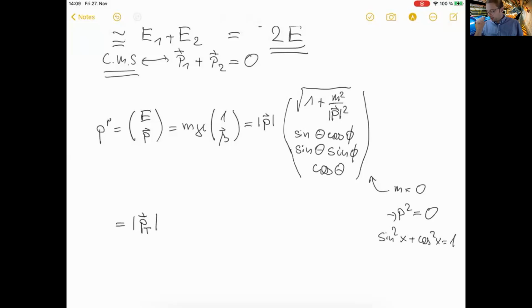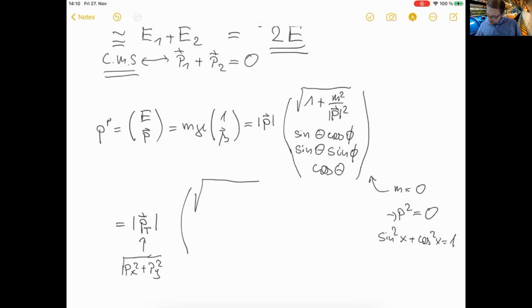Let's now pull out the magnitude of the transverse momentum, okay? The magnitude of the transverse momentum is square root of px squared plus py squared. And let me use the following parametrization.